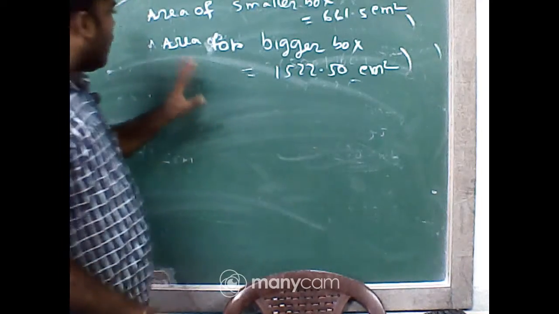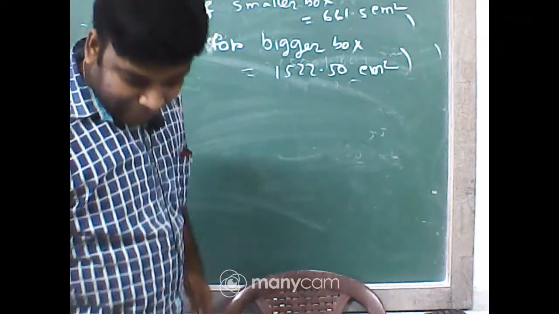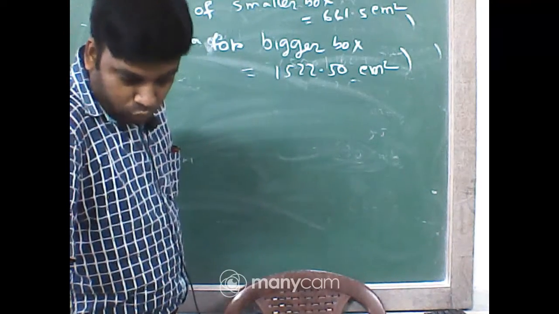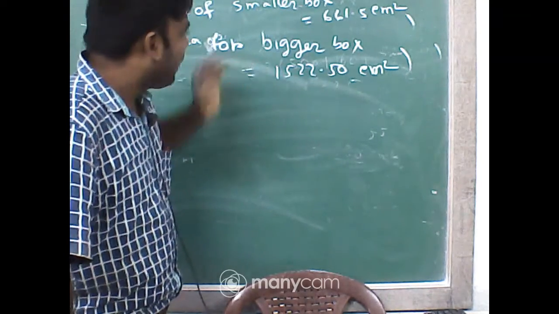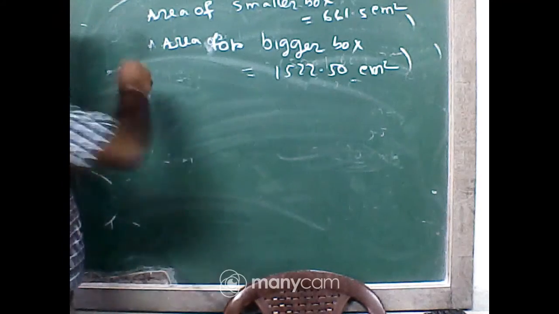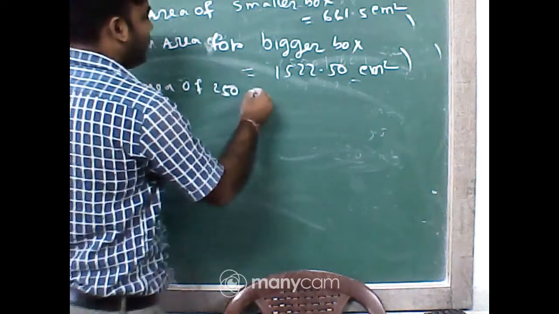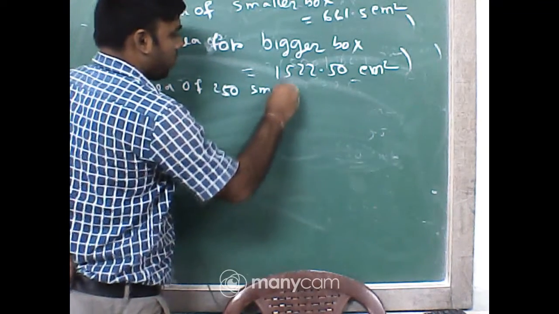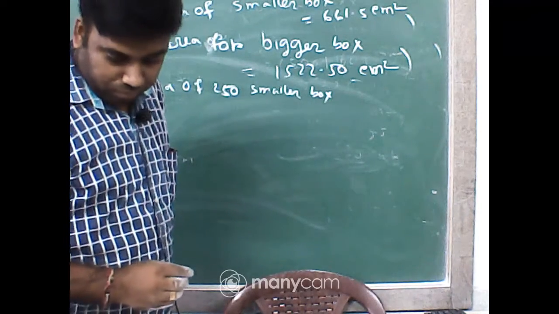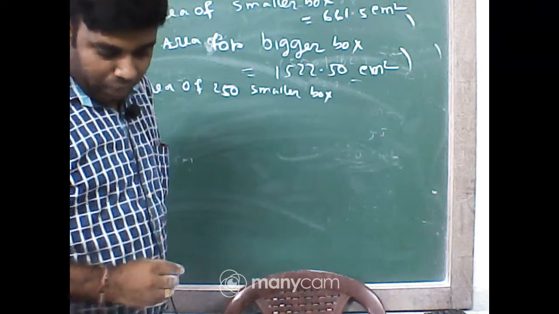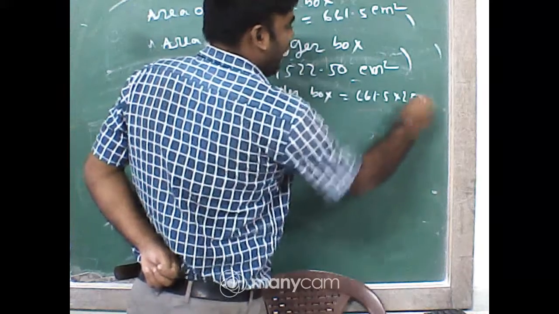Now students, total area needed. The smaller box, 250 needed, and bigger box, 250 needed. So the area of 250 such boxes: the smaller box is 661.5 into 250, and find out the area.